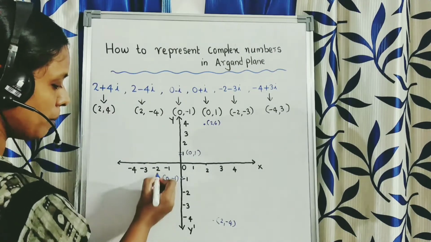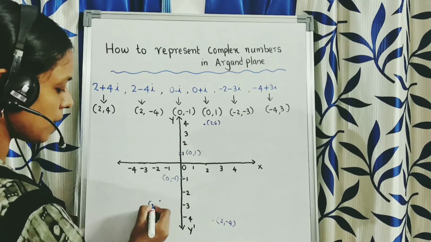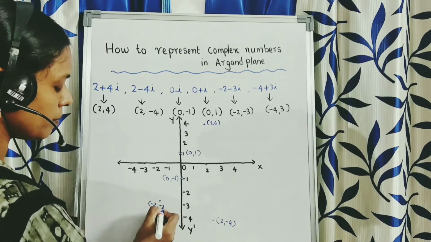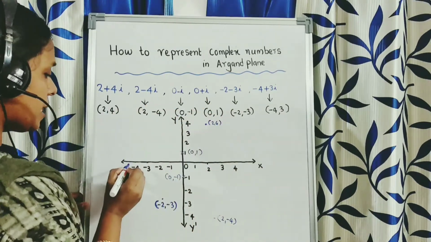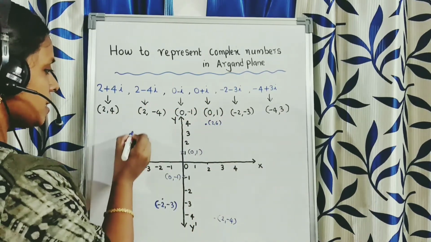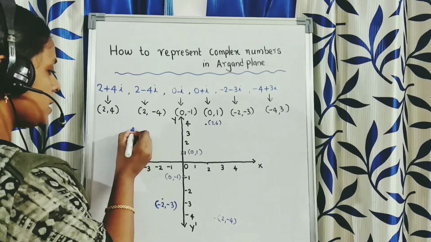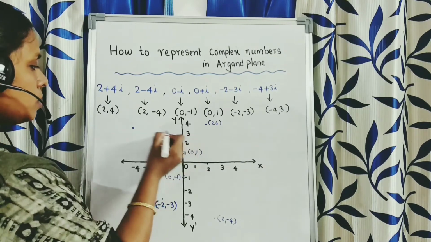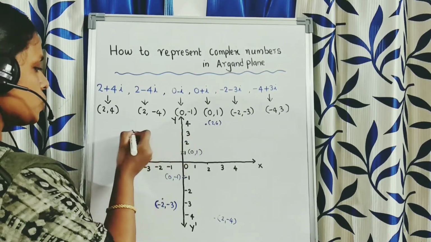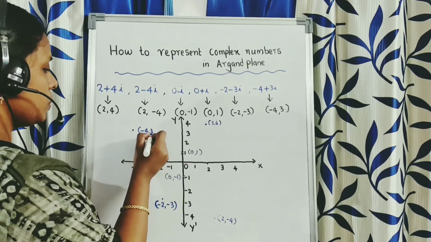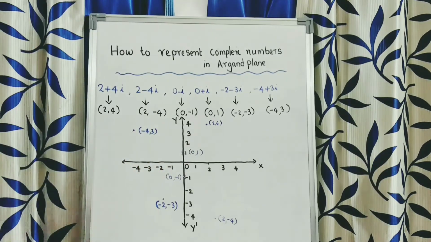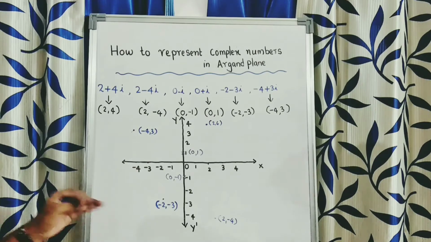Next we represent minus 4, 3: minus 4 for x, 3 for y, and the point is here. This is the representation of complex numbers in the Argand plane.